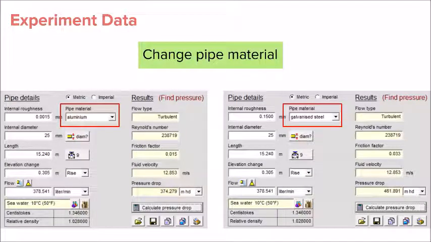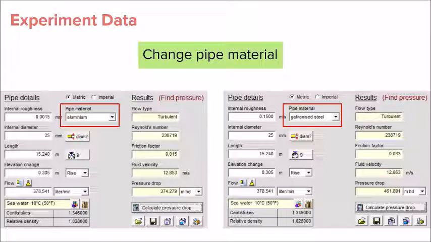Experiment data. In the first one, we change pipe material, first to aluminum and second to galvanized steel. When we change pipe material, the flow type, Reynolds number, and fluid velocity are the same.